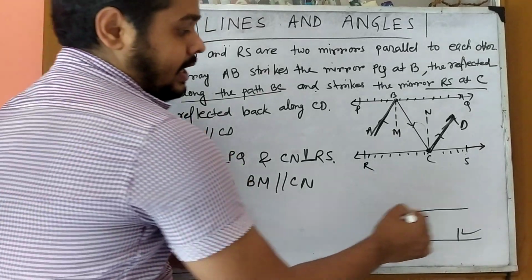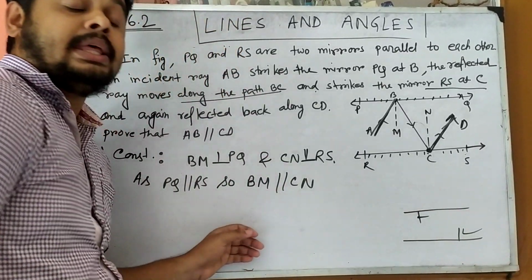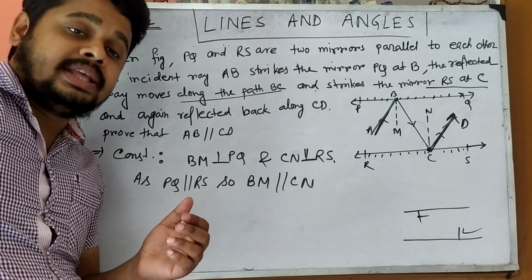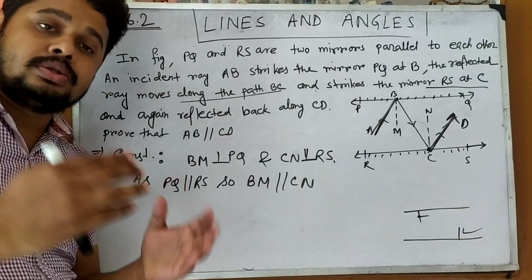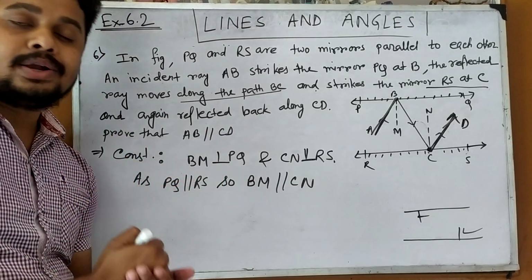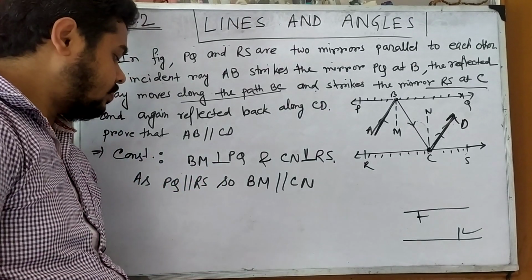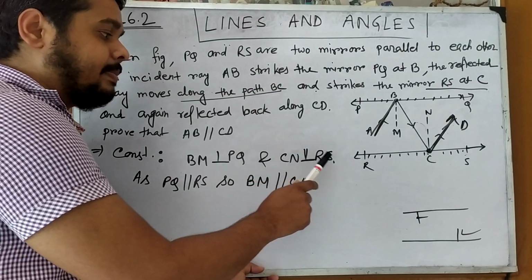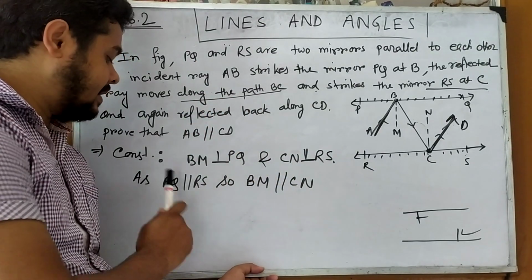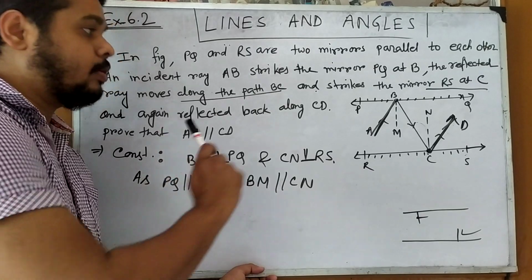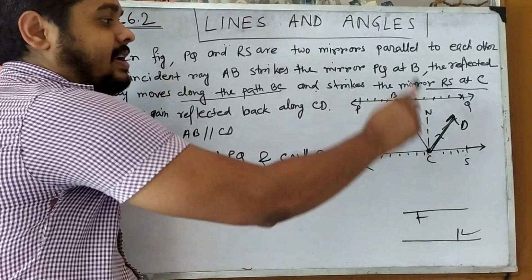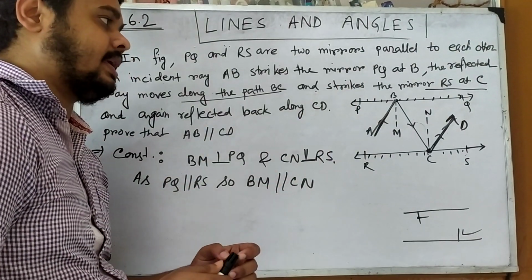I repeat once again, if two lines are parallel, then two perpendiculars on these two lines are also parallel to each other. So as BM is perpendicular to PQ, CN is perpendicular to RS, and it is given PQ is parallel to RS, we can say BM and CN are parallel to each other.